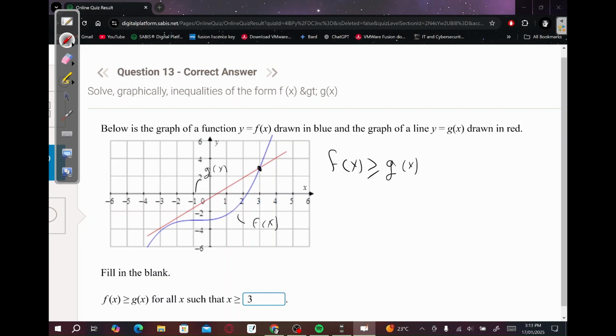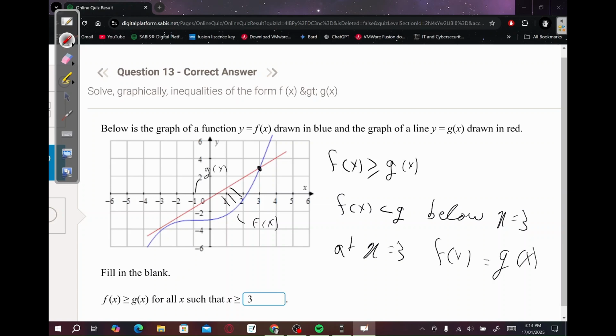Now, before this intersection point, you can see here f of x is less than g of x, below x equals 3. However, at x equals 3, f of x equals g of x. Right? Because they both intersected, they have the same value there.